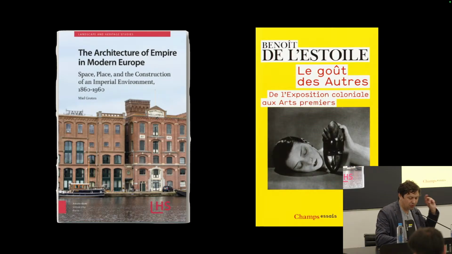But something specific that I wanted to mention about Benoît de l'Étoile's argument, which is quite sophisticated: he's also saying that there were some nuanced layers in the vision of the people who were creating this museum in the 1930s.